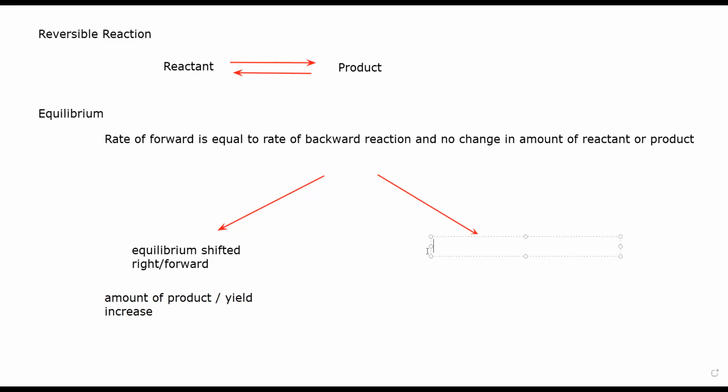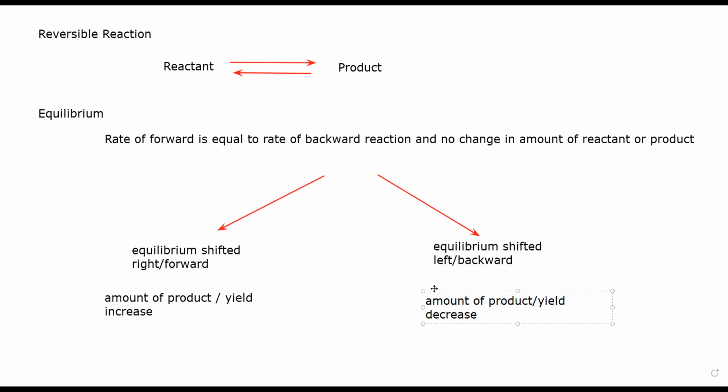And if equilibrium is shifted towards the left hand side, or backward, it means that the amount of product will decrease, or we can also say the yield will decrease.